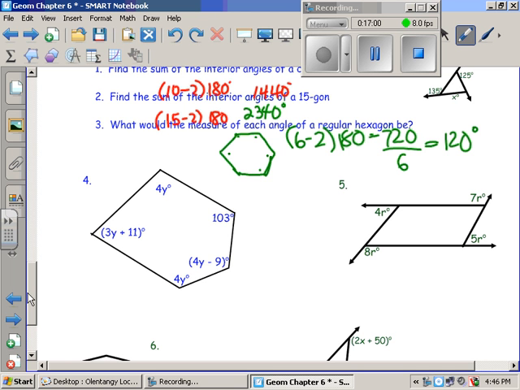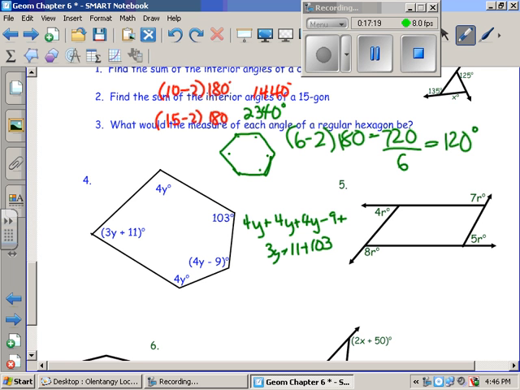To figure out this, I would add up all the sides. So 4y plus 4y plus 4y minus 9 plus 3y plus 11 plus 103.